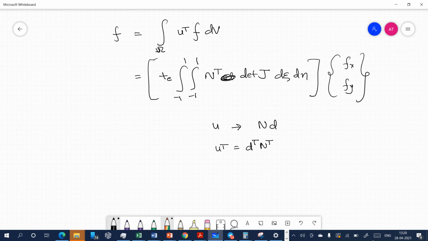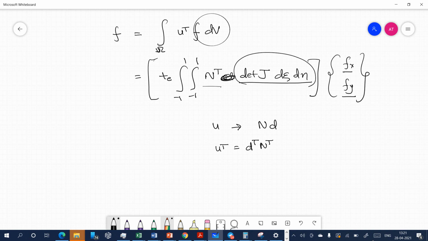So this is how this N transpose term comes there, and we have the f vector also. So f into d transpose gives us fx and fy, and then we have volume integration dv, which is broken down like this.